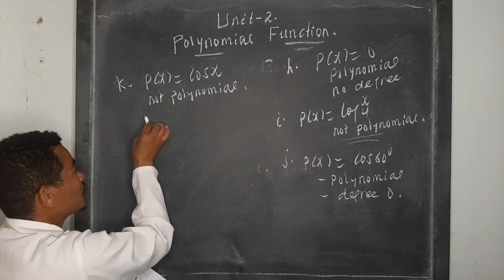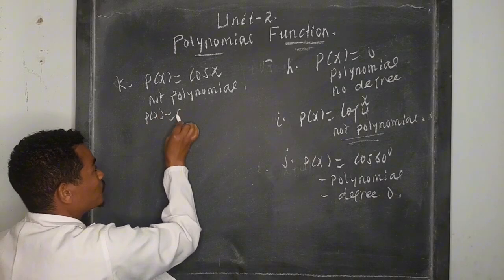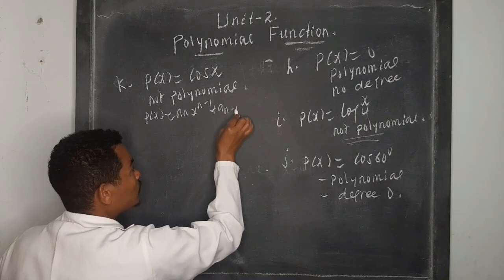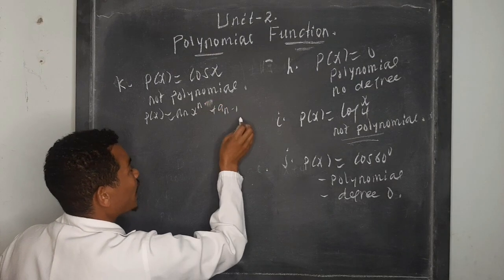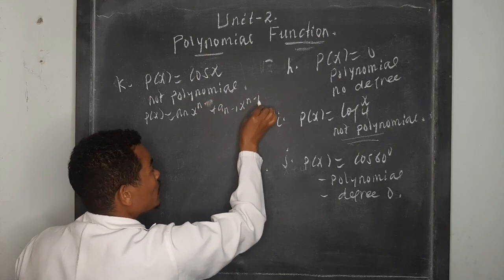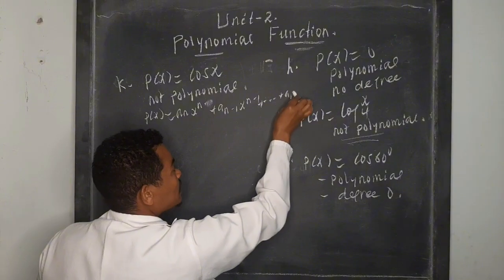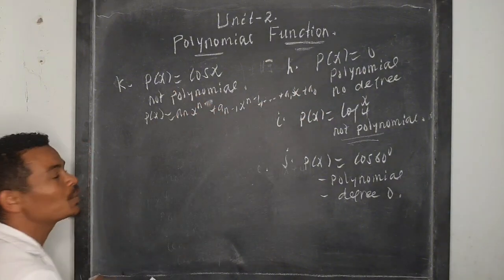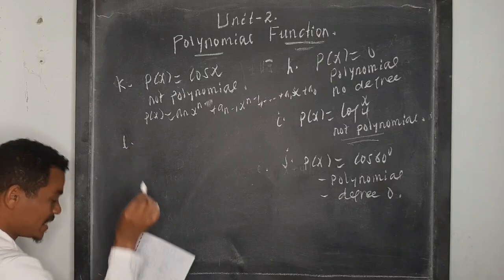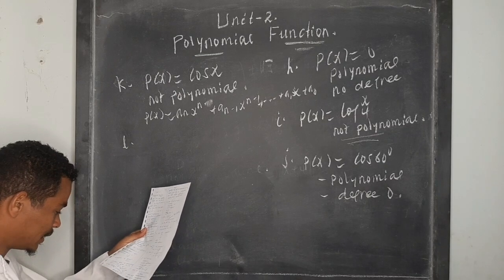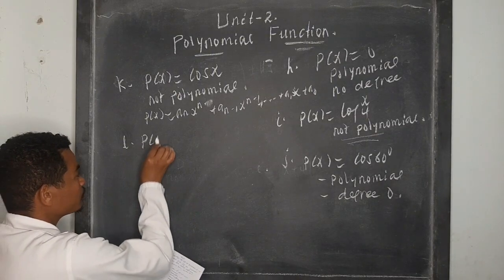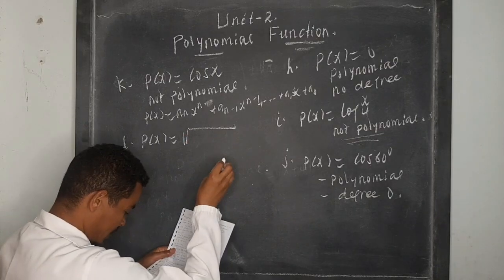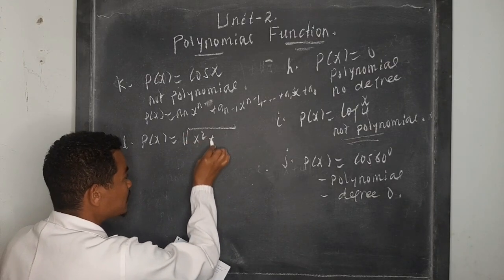We cannot write it in this form: P of x is equal to an x to the power of n plus an minus 1 x to the power of n minus 1 plus ... plus a1 x plus a naught. So this is not a polynomial.